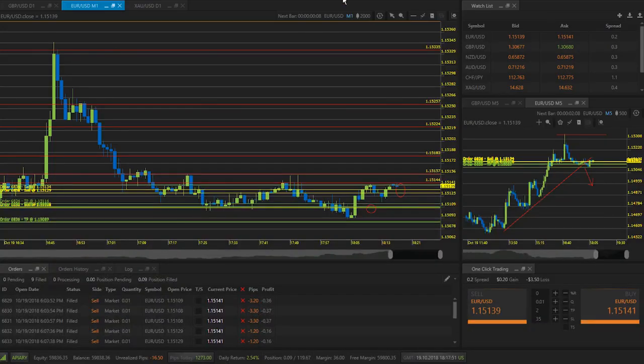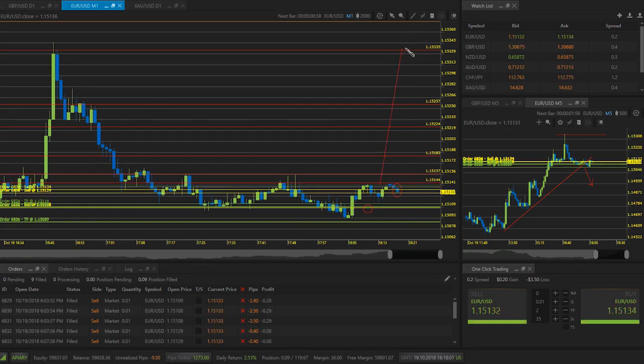You need to know where all these layers are, because this is where decisions are going to be made: whether you're going to enter new positions, another layer into this trade, or whether you're going to take off different layers. So if this market continues to move away from us, you can see that it's going to break through 1, 2, 3, 4, 5, 6 layers before we get stopped out. Does that make sense? It does, yeah.